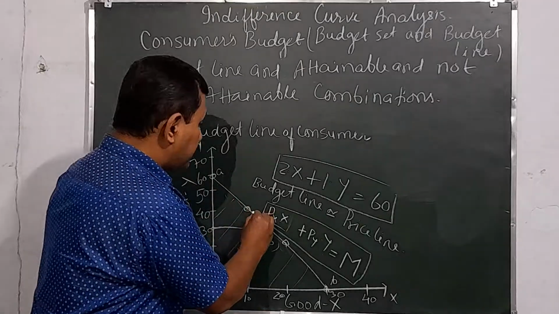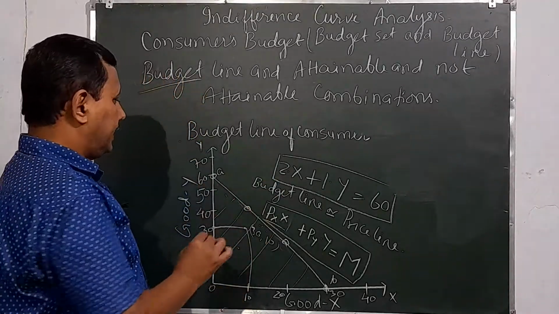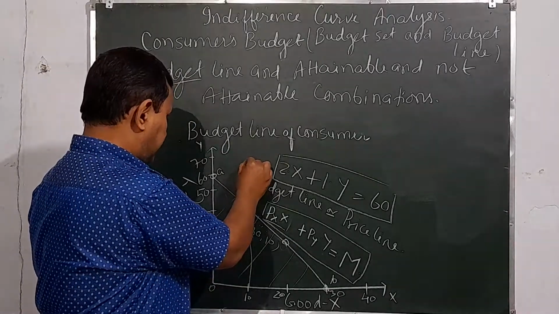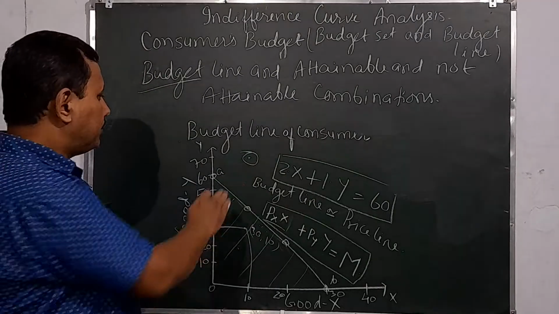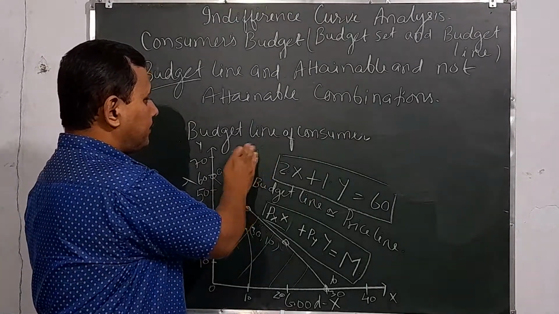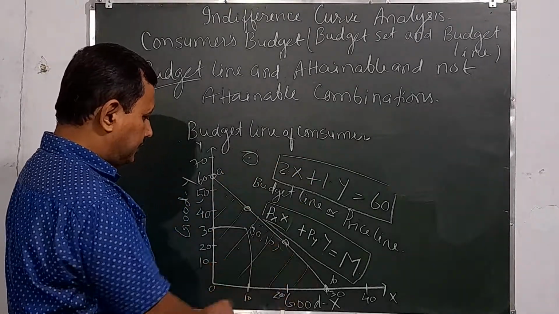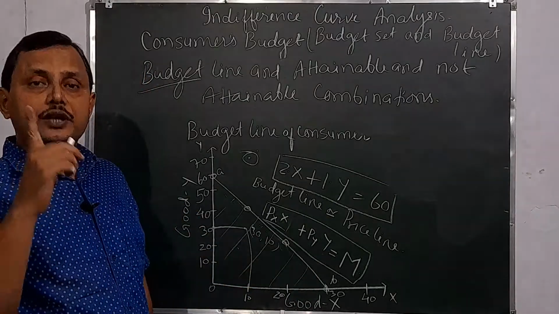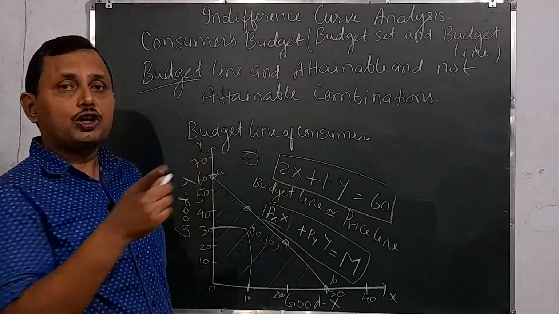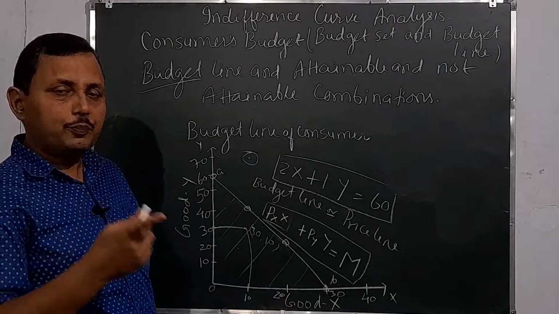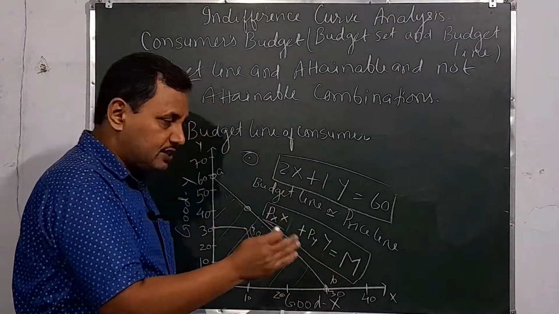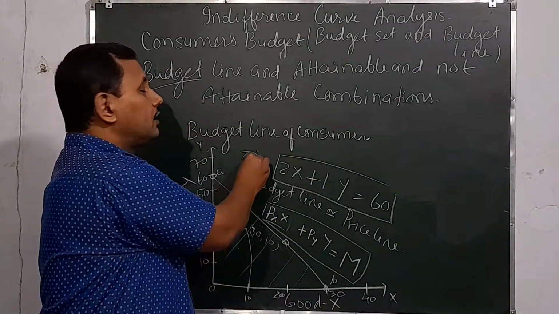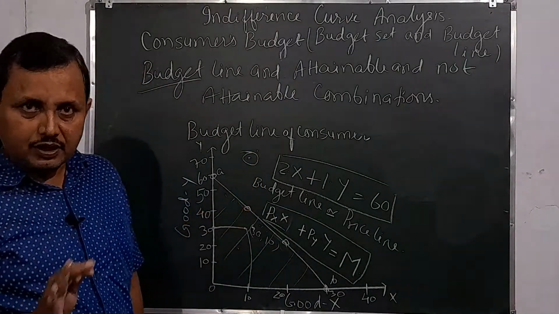Any combination which is beyond this line, like I am taking this combination 70 and 10: 70 units of y and 10 units of good x. 10 units of good x will cost 20 rupees and 70 units will cost 70 rupees, 70 plus 20 is 90 rupees. So within the given budget of 60, the consumer cannot purchase this combination.